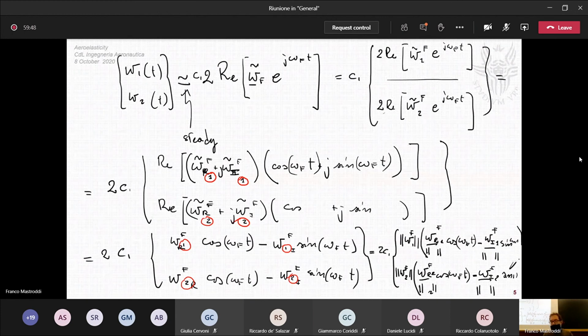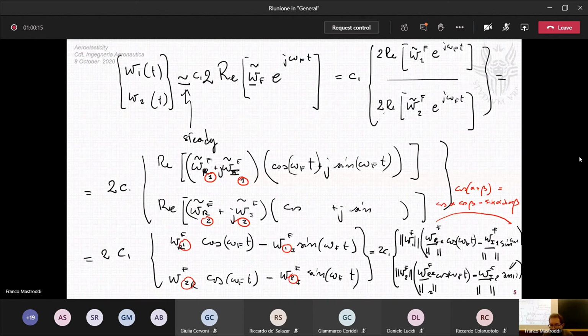Okay, and what you can see here is the development of a prosthaphaeresis formula: cosine of alpha plus beta is equal to cosine alpha cosine beta minus sine alpha sine beta.